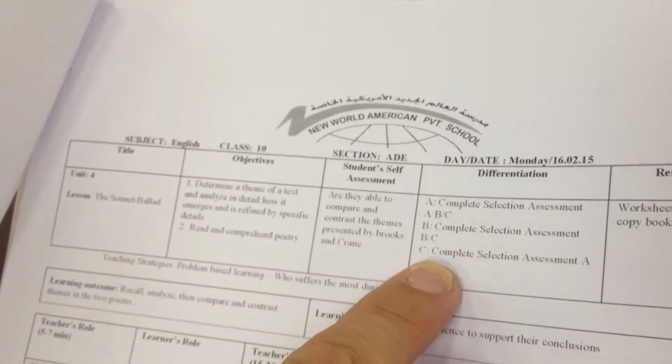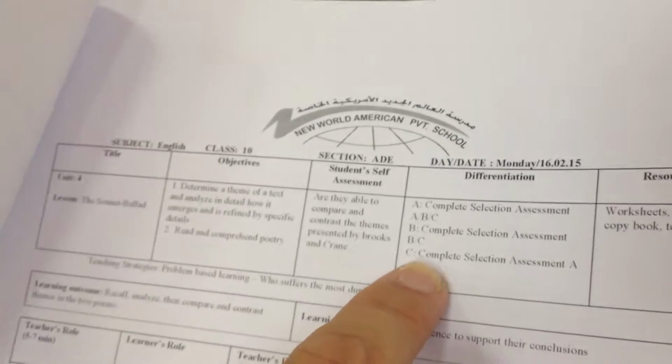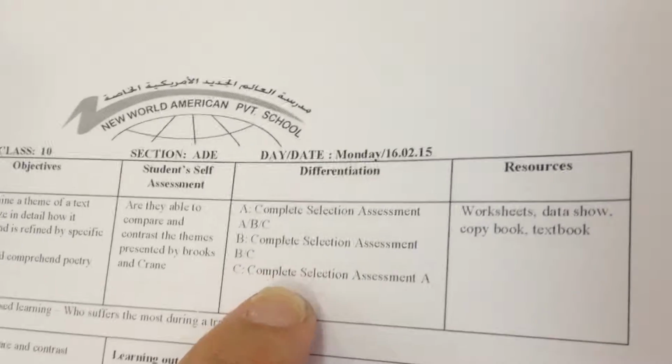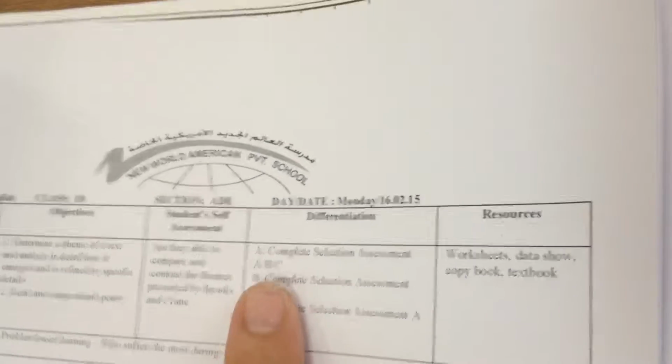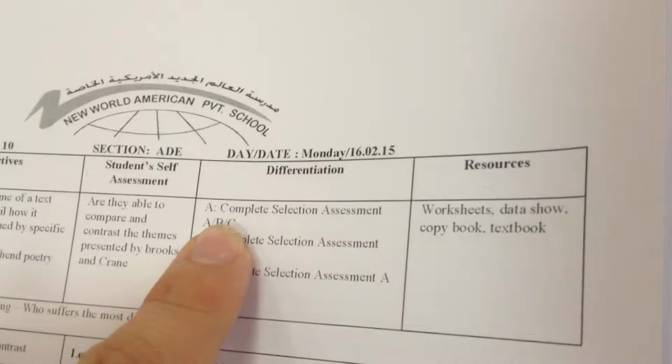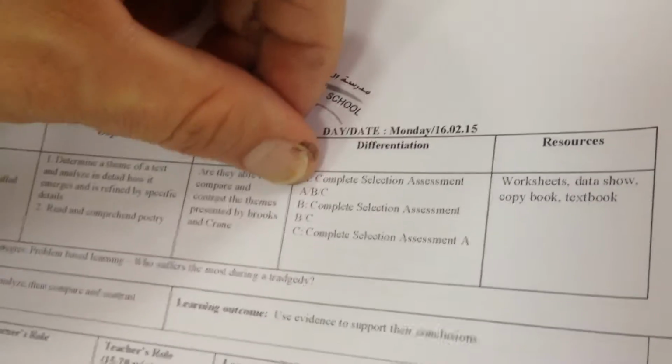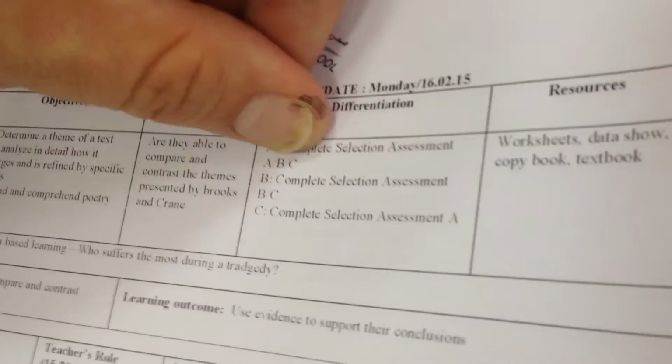Okay, differentiation. The doctor said that she would like to see 3 different sets of materials for each level of students. So for instance here, today, in my next period in class 10, I will have my highest level students complete selection assessment A, B, and C completely.